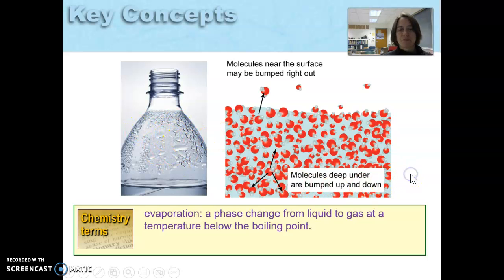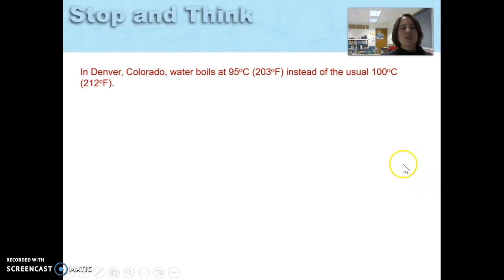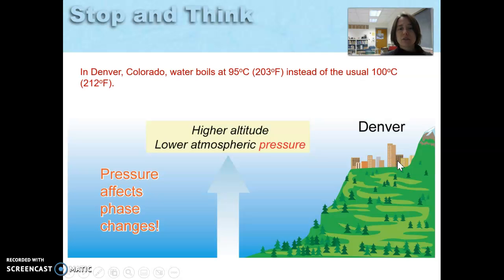It was flying free. Okay, so let's talk about pressure and altitude. I have a friend who lives in Denver, Colorado, and water boils there at 95 degrees Celsius instead of 100 degrees Celsius. Why? Is Denver a freak place? No, it has to do with chemistry.